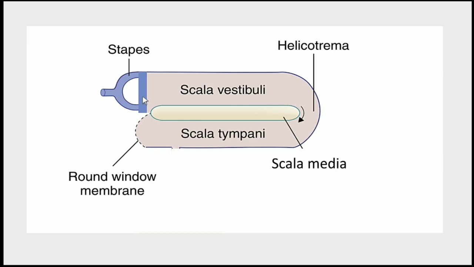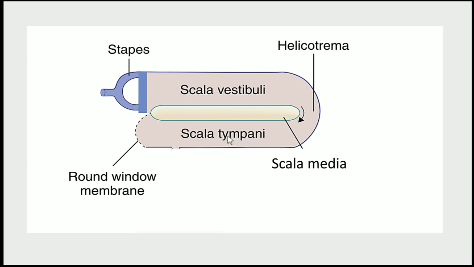So this is scala vestibuli, this is scala tympani. In between these two is scala media or cochlear duct, which is an independent tube. Scala vestibuli at the apex of the cochlea, with the help of the helicotrema, joins with scala tympani.